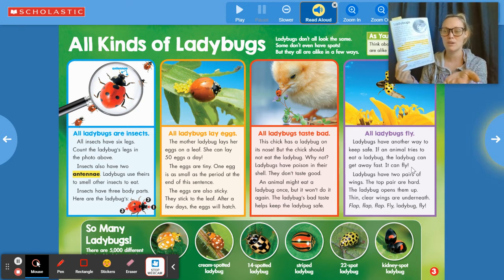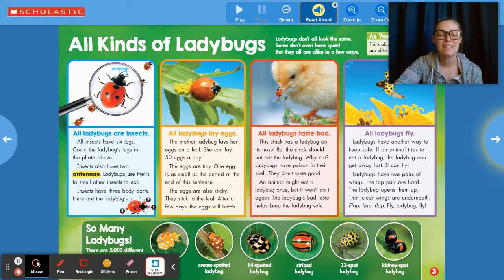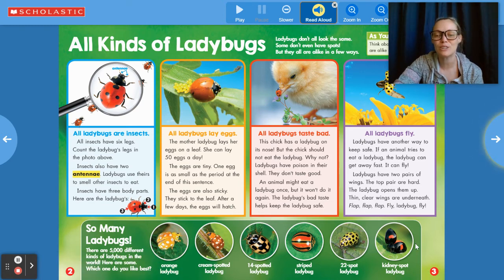So that part of the article and this article both had information about their hard wings and their soft wings. Down here, we did learn that there are different kinds of ladybugs, and there's quite a few, 5,000, but here are some of them. So if you want to write down that there's such a thing as a striped ladybug as a new interesting fact, you can.